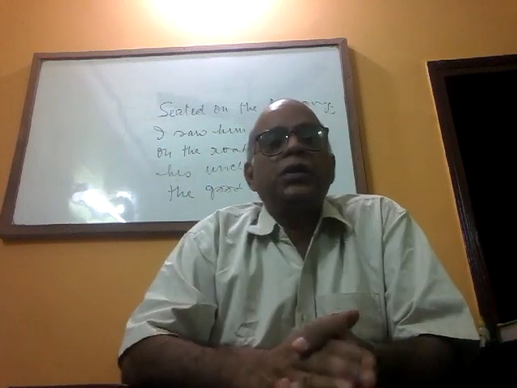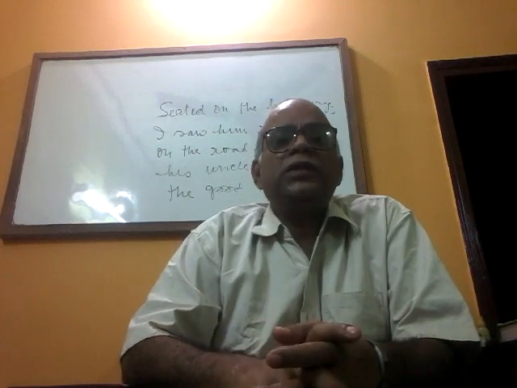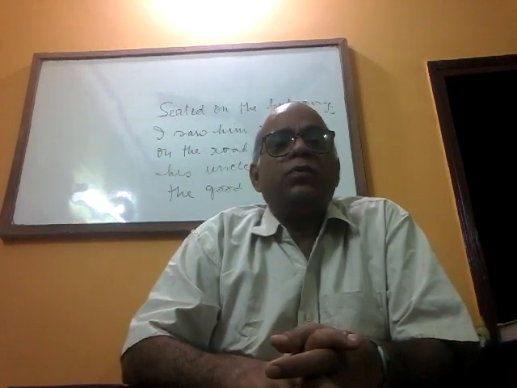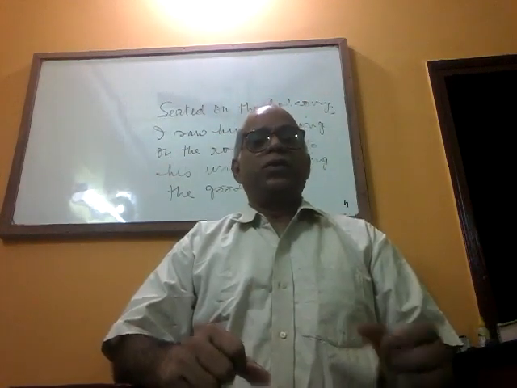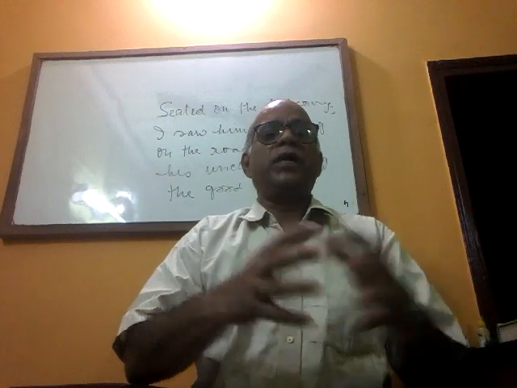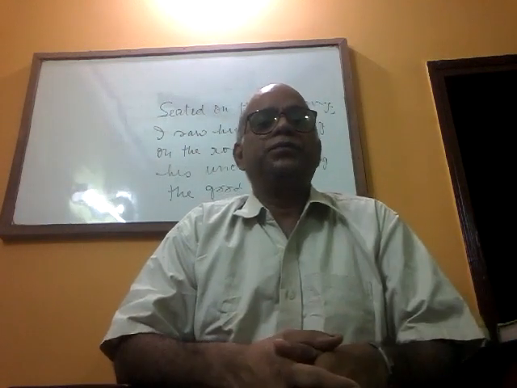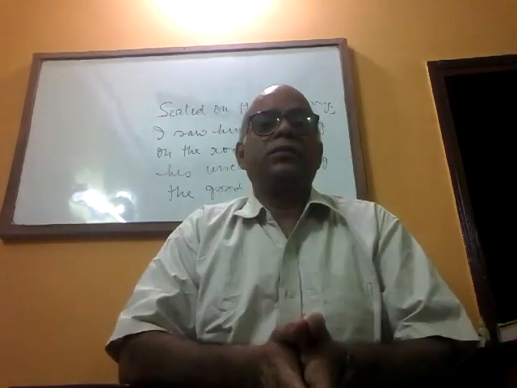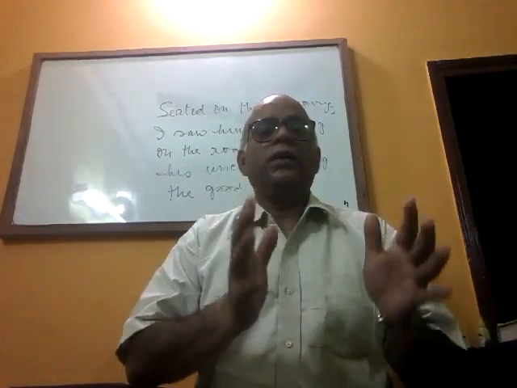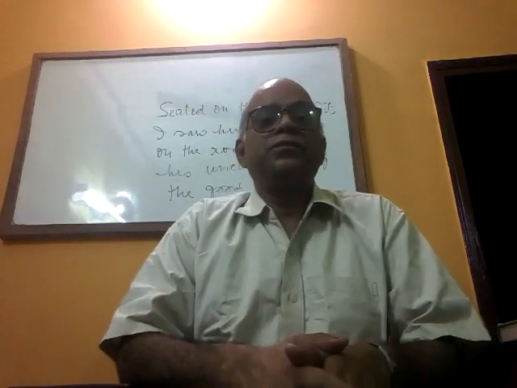Then we go to the third form of compound, which is the detached compound. Some words are used side by side in a sentence, but they have no visible link between them. Together they convey one different meaning.